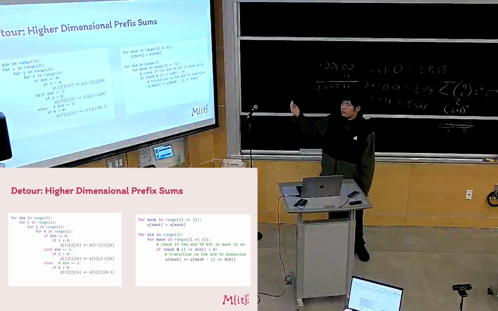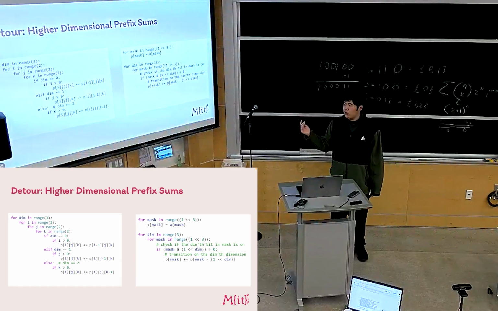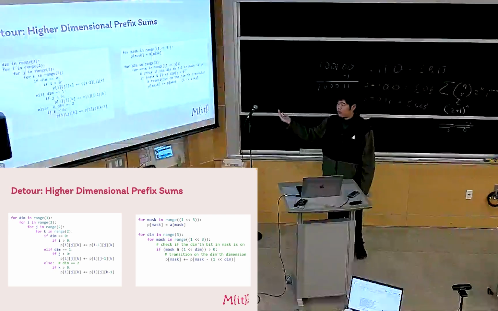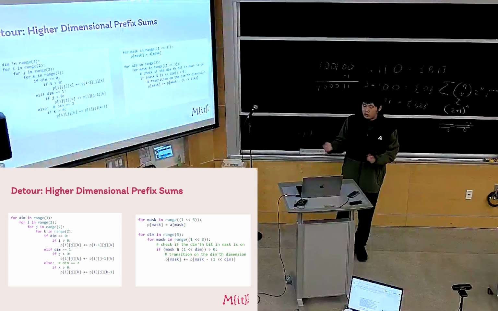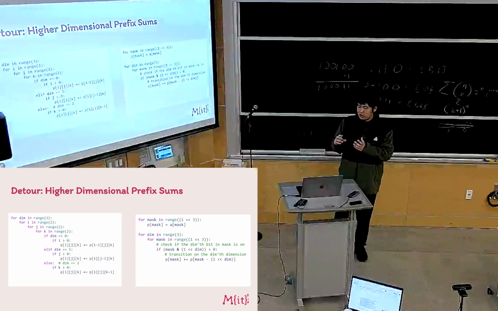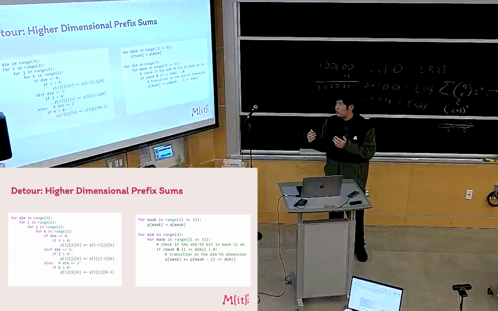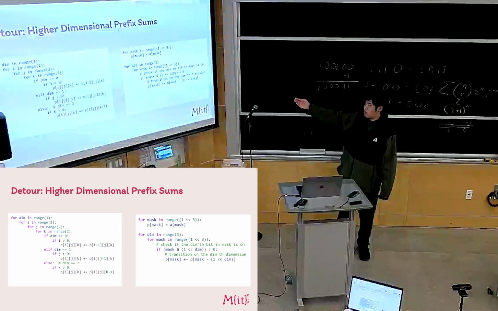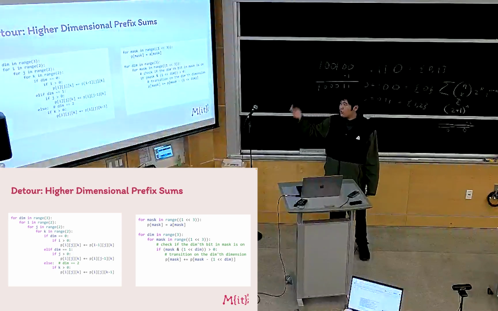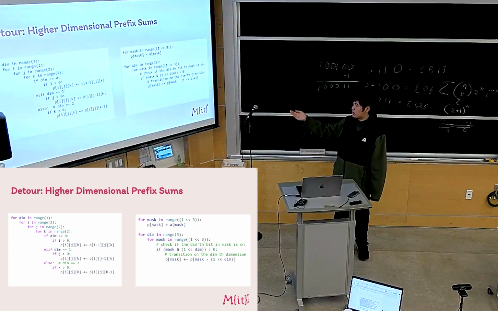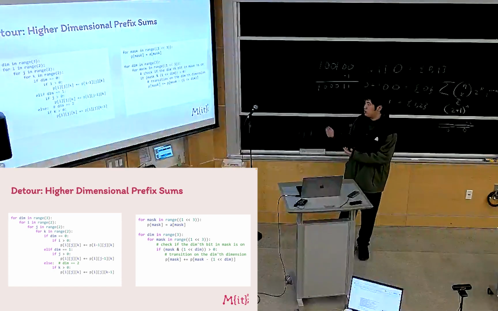The code on the left is our previous code for 3D prefix sums, and on the right, we first iterate over the dimension up to 3, then we iterate over all the masks, and for each mask we check if the dim-th bit of that mask is on. We do that by checking mask AND 2 to the power of dim is greater than 0. And finally, if it is on, then we do the transition where p of mask plus equals p of mask minus 2 to the dim.